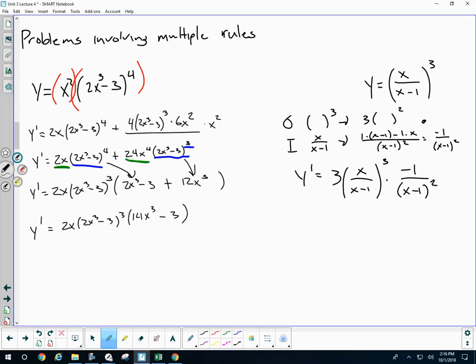I take a product of the derivatives of my individual pieces. The first one using the power rule, 3 stuff squared. The second one using the quotient rule.